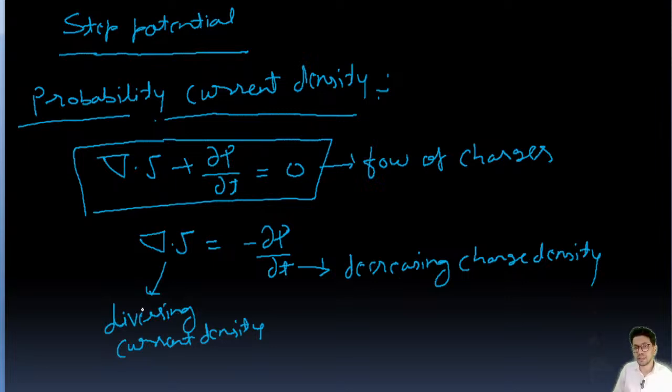So the current density is diverging, and the charge density is decreasing.